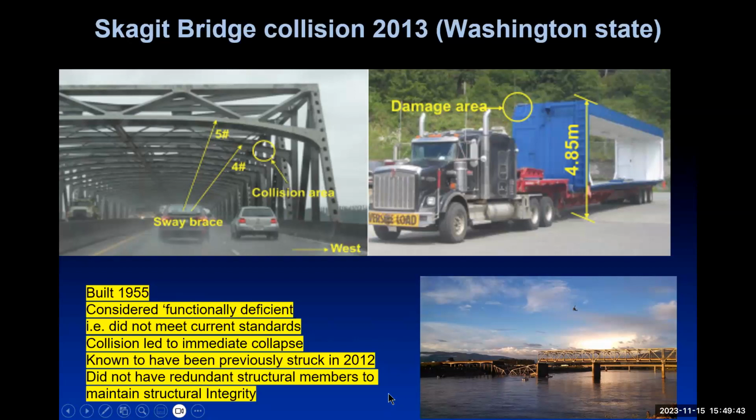Why was it functionally deficient? Because it didn't meet the current day code of practice, but the current codes of practice actually say there must be redundant structural members to maintain structural integrity. Now, this is incredibly important considering what has gone on in Florida just recently, and that is that every structure must be assessed for structural integrity by the end of 2024.